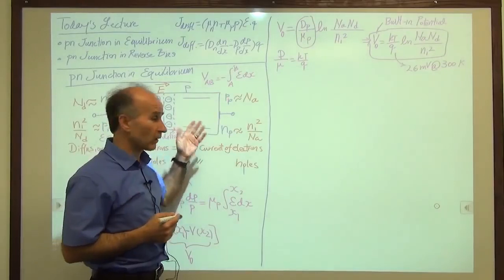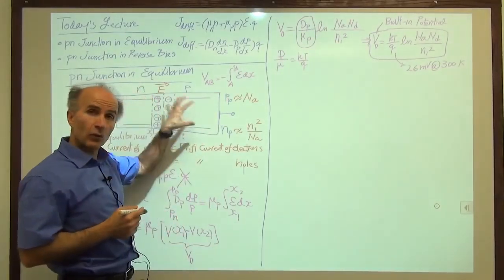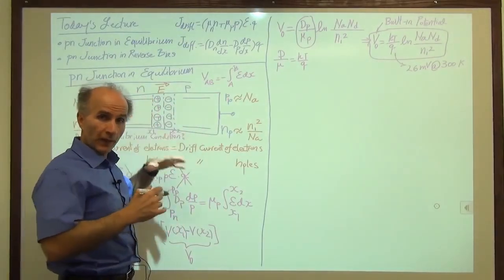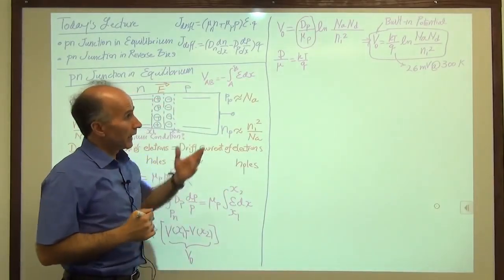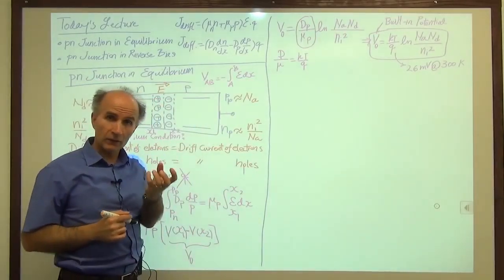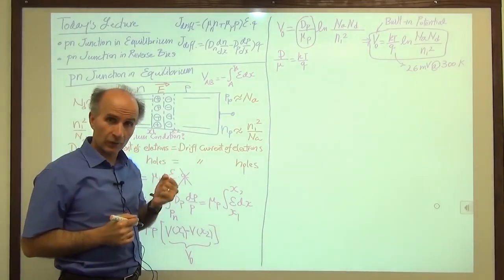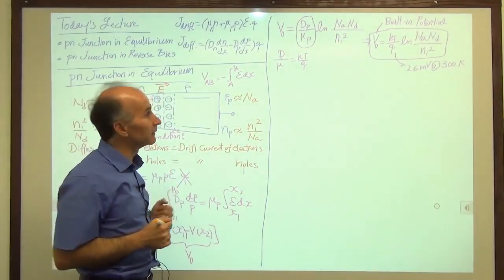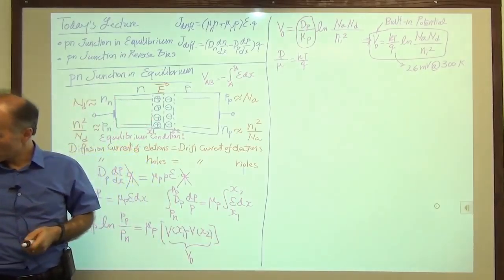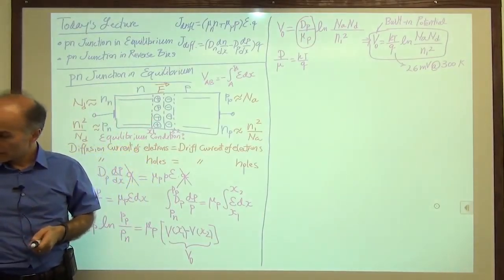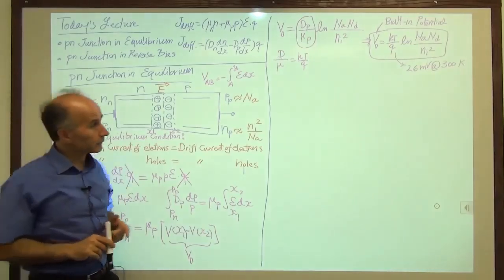Na and Nd are the doping levels that we have chosen for these two sides. So if we have higher doping levels, V0 is higher, and vice versa. Ni squared is a given value, 10 to the 10, at room temperature. So that's not under our control. All right, so the built-in potential is what's developed inside the junction.